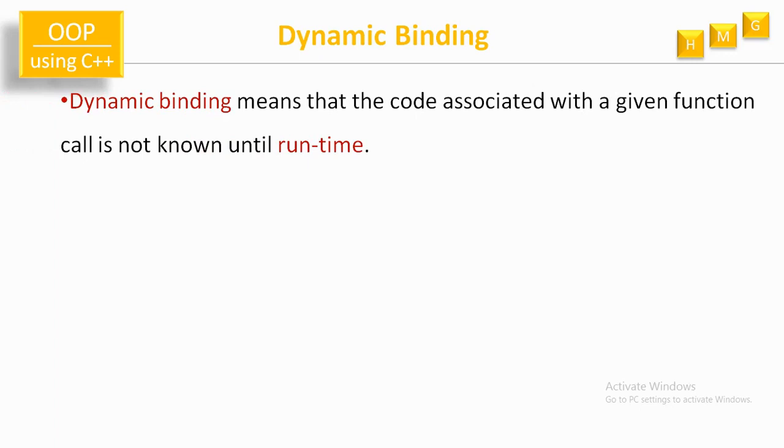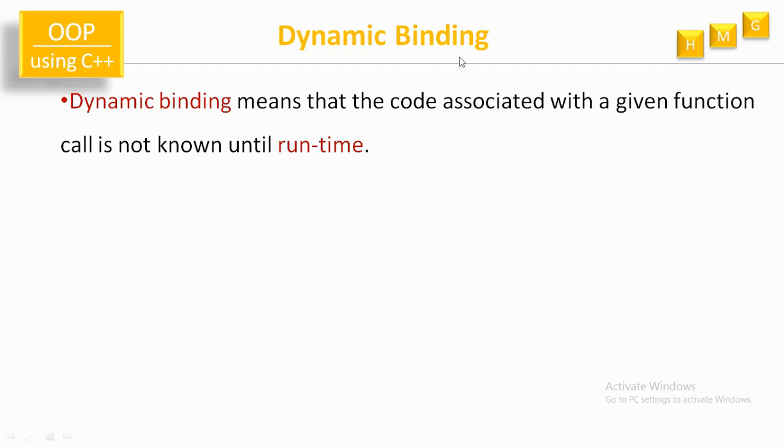The last concept of OOP is dynamic binding. What is dynamic binding? Dynamic binding means that the code associated with a given function call is not known until runtime. Every object has its own set of functions and data, and another object has another set of functions and data.